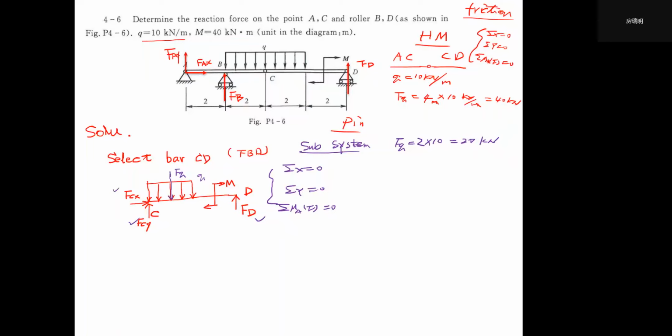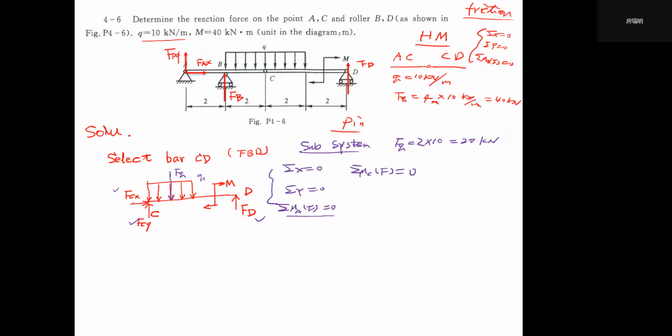So first, we can use sigma MC equals 0. Why? Because at point C we have FCX and FCY.